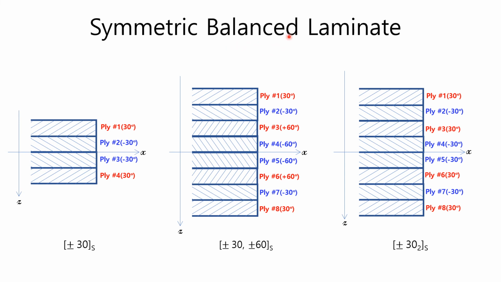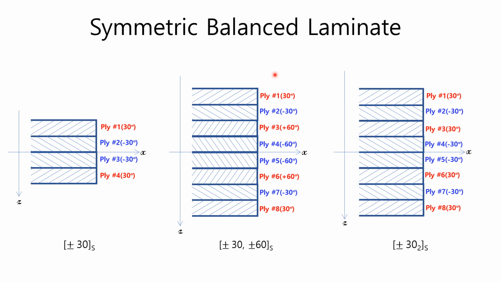All the stacking orders here are balanced symmetric laminates, which I explained in the previous video number E36. All the laminates here have all zeros for B matrix elements and also zeros for A16 and A26.